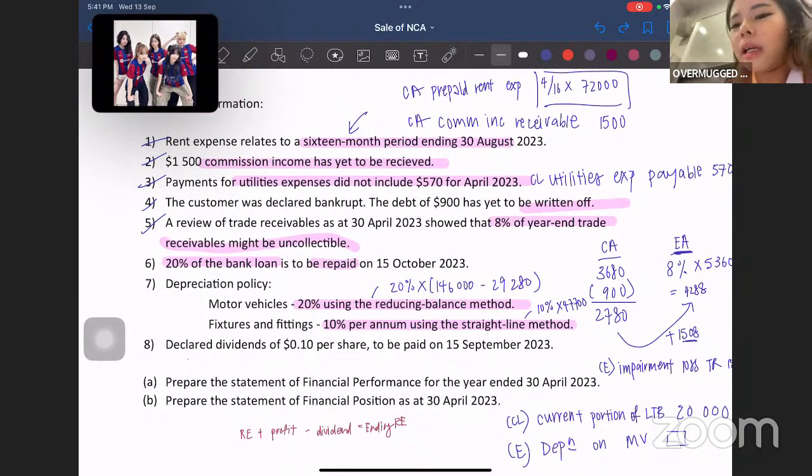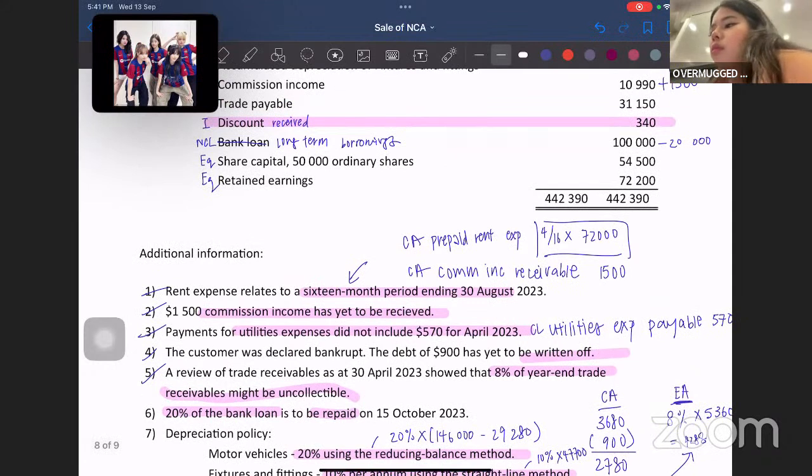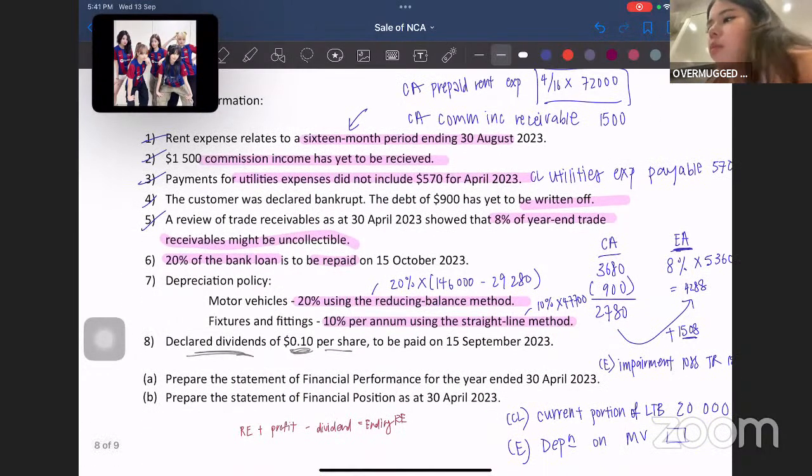Okay, so for here, we declare dividend 10 cents per share. So how many shares do we have right now? It is in the trial balance. 50,000 shares. Okay, so I get it from here, 50,000 shares. So one share, I give 10 cents. 50,000 shares, total is how much? Total will be 5,000 lah.